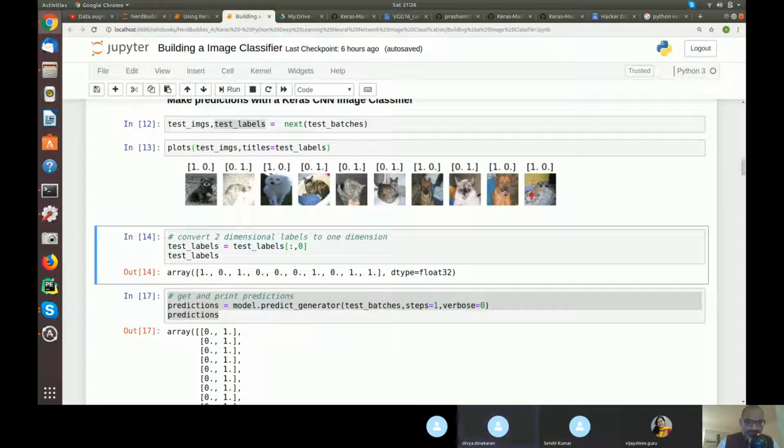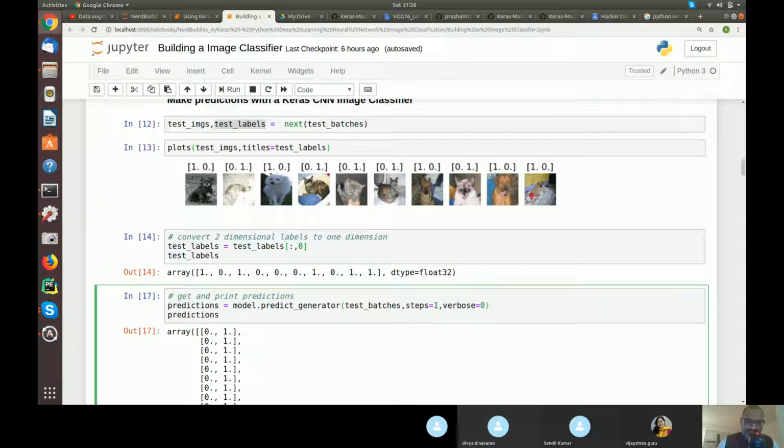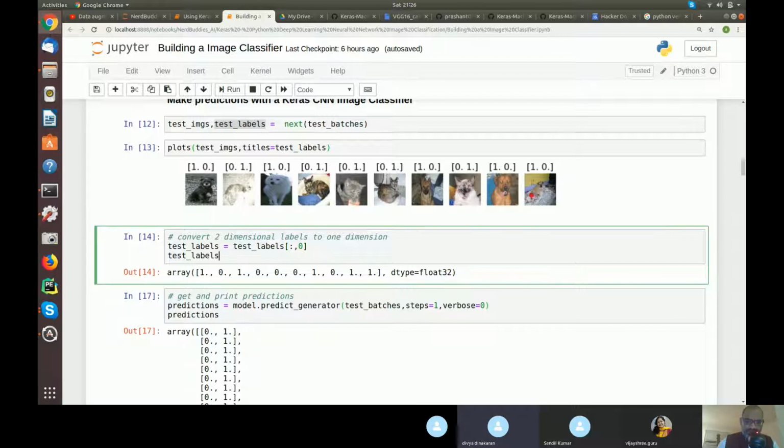So we are converting that into a single number, that's all, which is required for calculating our accuracy metrics and the confusion metrics. So all it's doing is it's just picking the 0th column. So 1 0 here became 1, 0 1 in the second image became 0, and 1 0 again for a dog became 1, and so on.